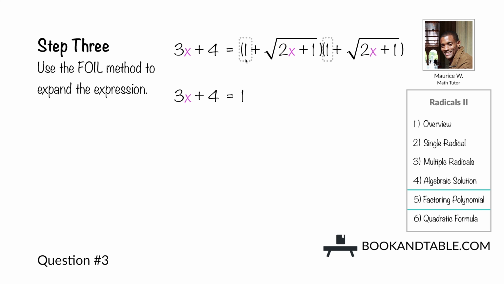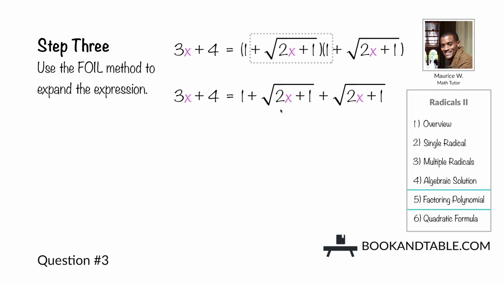So our first terms, 1 times 1 equals 1. Our outside terms, 1 times the square root of 2x plus 1 is the square root of 2x plus 1. When we do that again, 1 times the square root of 2x plus 1, we're going to add that to this one. So that gives us the square root of 2x plus 1 plus the square root of 2x plus 1.